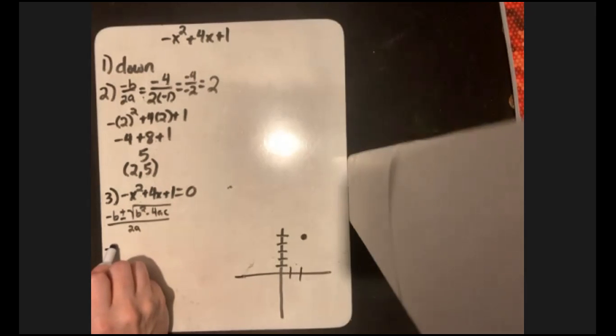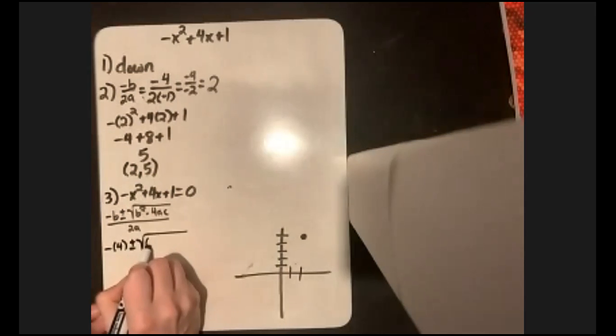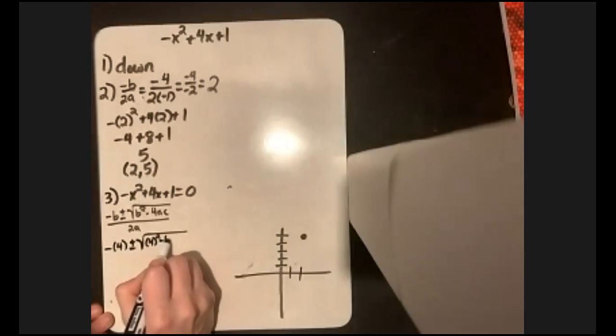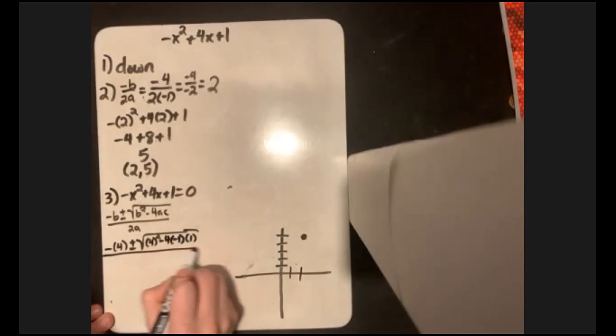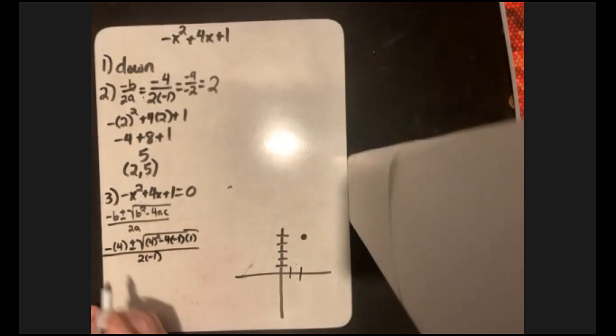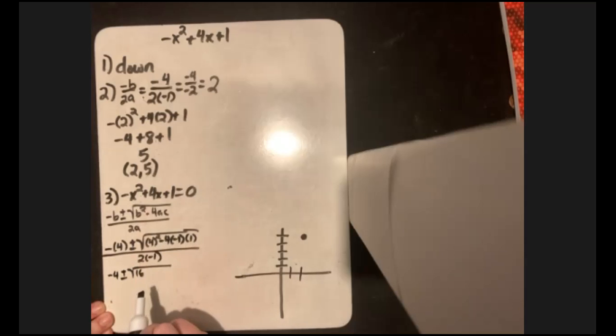So we've got negative 4. And again, I do encourage the use of parentheses, just to make sure you don't miss anything through the signage. Okay, so I've got negative 4 plus or minus the square root of, that's going to be 16. I've got negative times negative, which is going to be positive, so that's 4 times 1, so that's plus 4, over negative 2. So I've got negative 4 plus and minus the square root of 20 over negative 2.